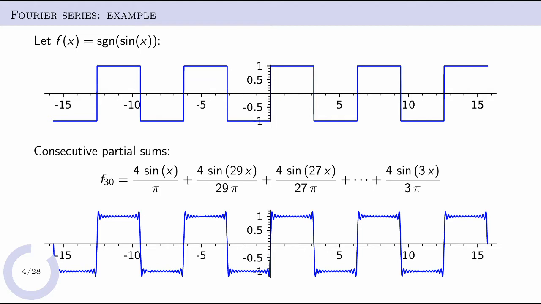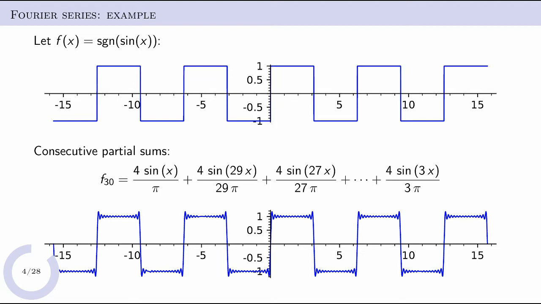As you can see from this graph, the graph of this partial sum is already quite similar to our original function. So it shows us how this convergence works. We started with a sine, and adding more and more frequencies, we were able to build a function that closely resembles our original function.